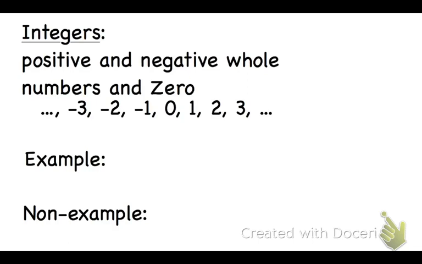So the first line is integers, and then you have those semicolons: positive and negative, whole numbers, and 0. Make sure you pause the video right now and get those in the 5 blanks that you have on that first section.